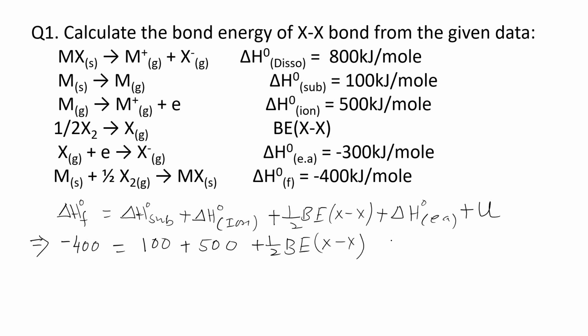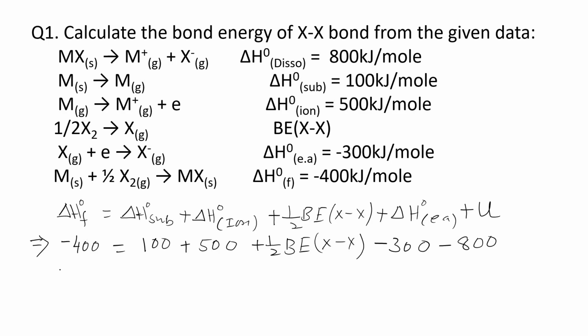Okay, now plus this electron affinity, which is negative, energy is released, so minus 300. Okay, plus this lattice energy. Here it is given dissociation, but lattice energy means energy is released during the formation of ionic solid, and here it is the dissociation of the ionic solid to gaseous ions. So I have to take it as negative. So minus 800.